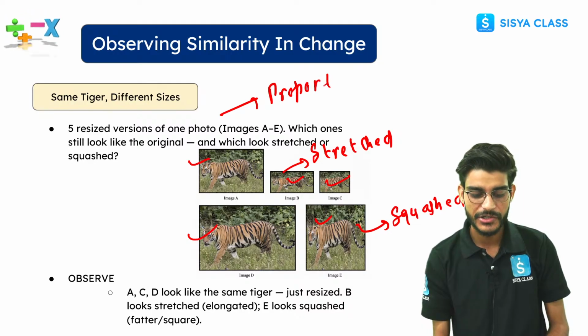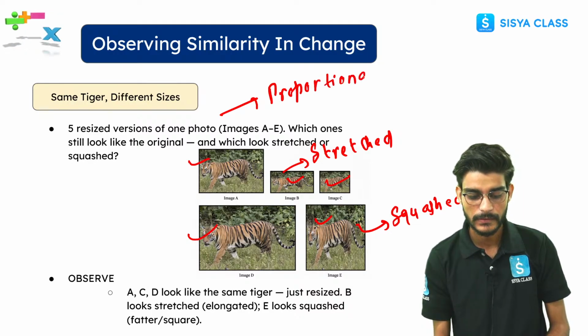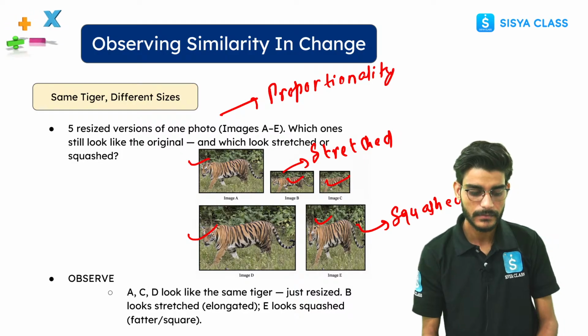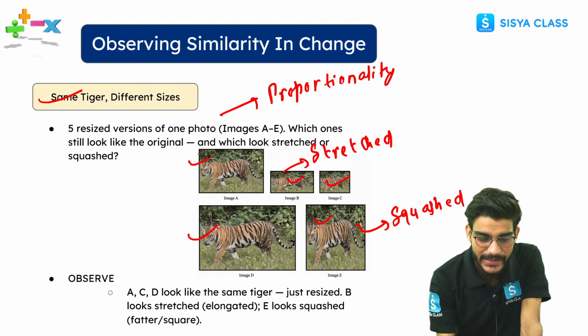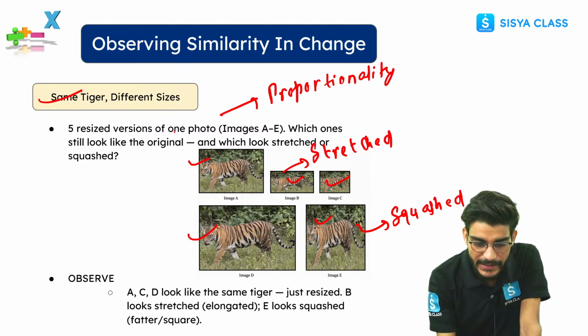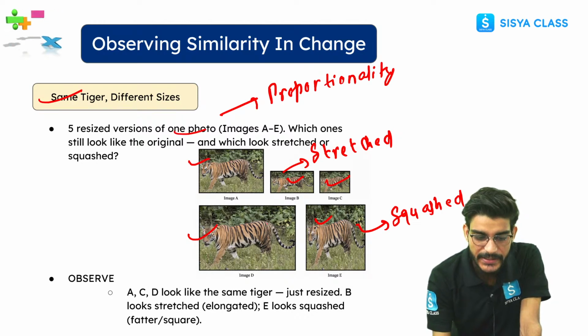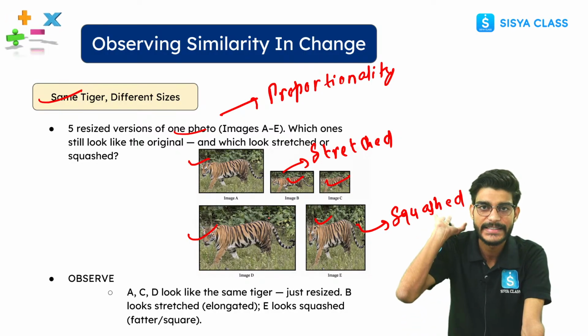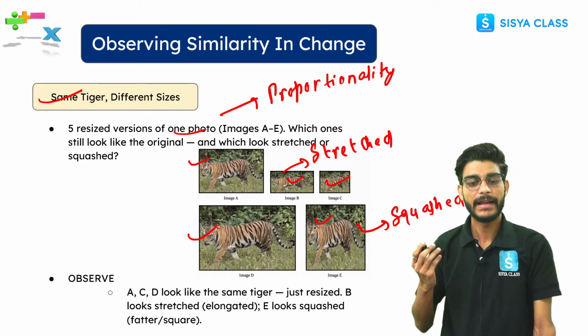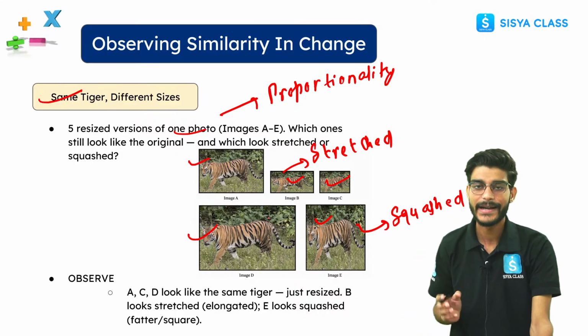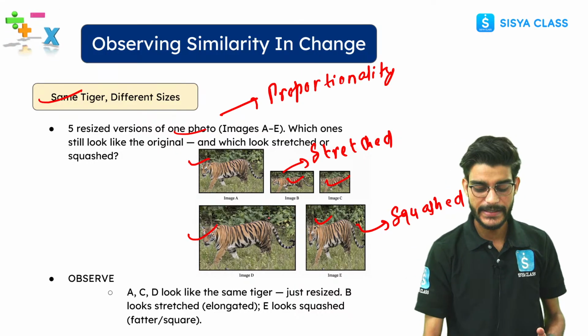That is, what are the ratios that we are choosing. We have the same tiger here, but the sizes are different. Images A, C, and D all represent the same image, only with a difference in sizes. But image B and image E are different because here the proportionality changes.